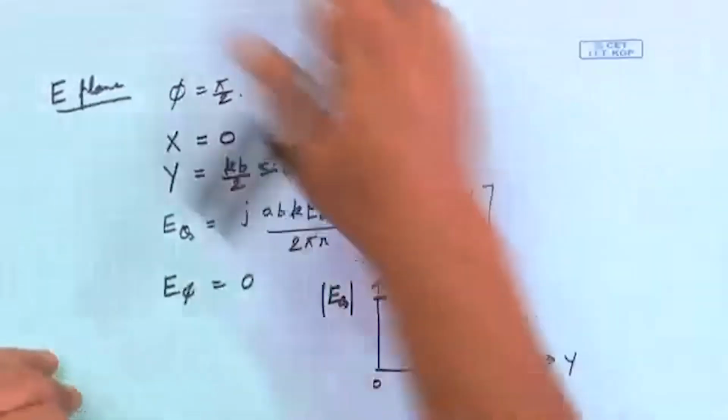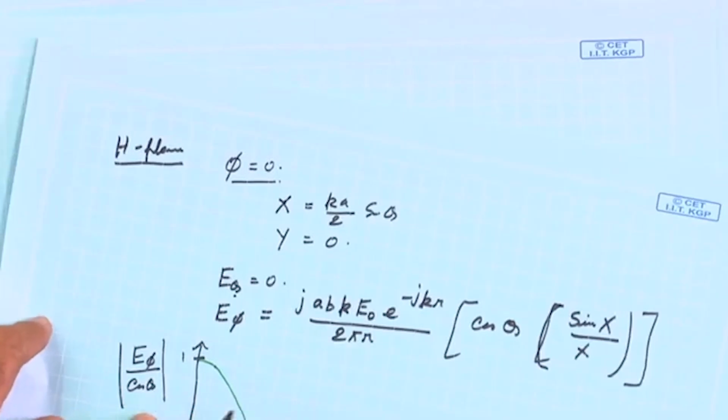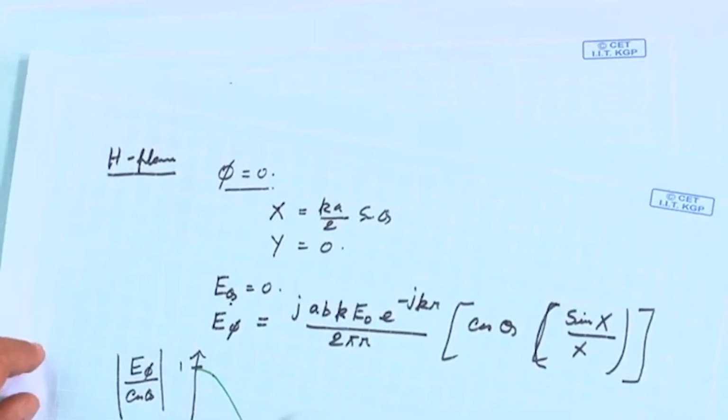But actually I will say that the two patterns we have drawn, E plane is this, and H plane pattern, here we have made a cos theta thing. So, that cos theta if you bring, then this won't be simply that A and B replacement. So, away from both side, cos theta term also needs to be incorporated.